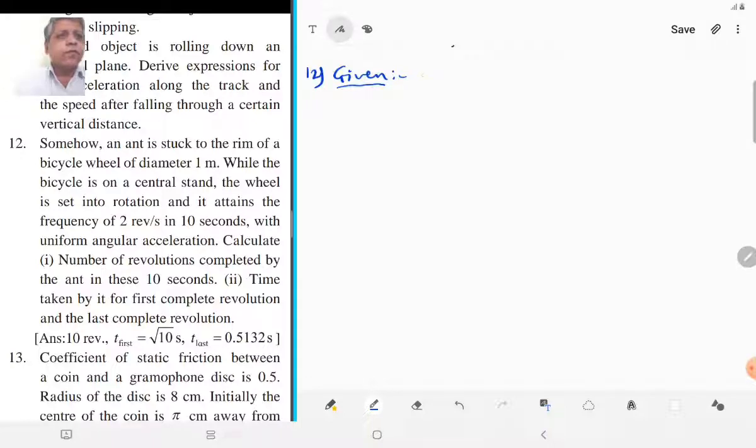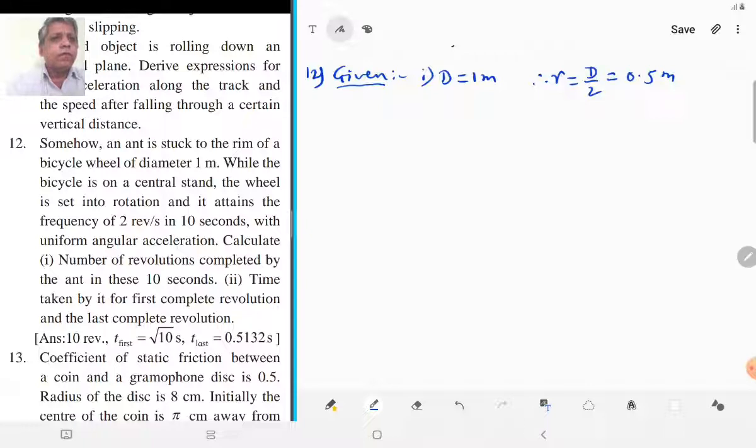That is, first point is capital D is equal to 1 meter, and therefore radius R is equal to D by 2, that is equal to 1 upon 2, and it is equal to 0.5 meter. This is the first given point.